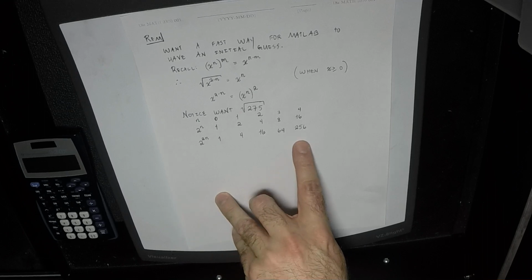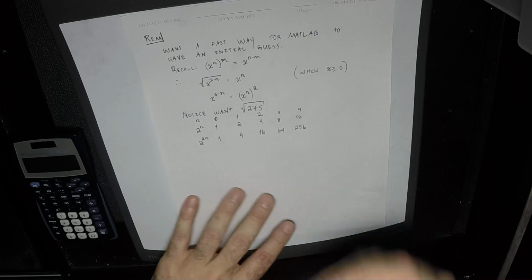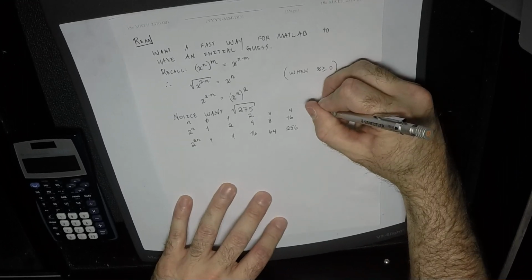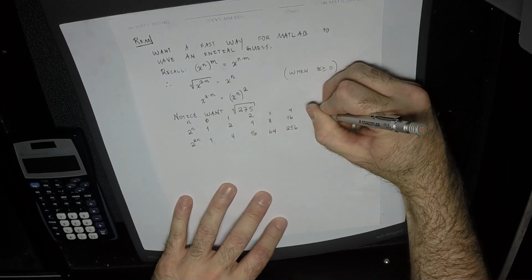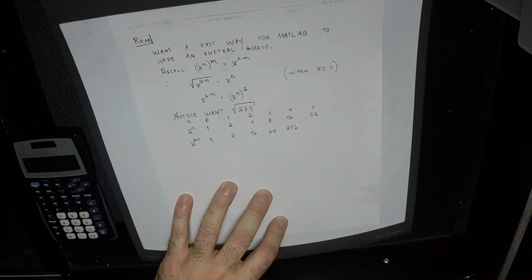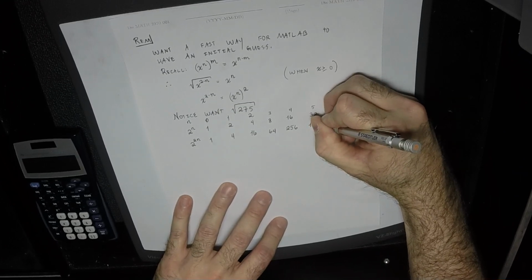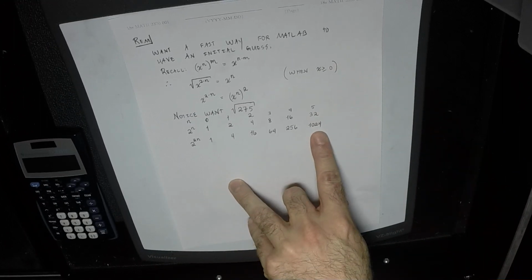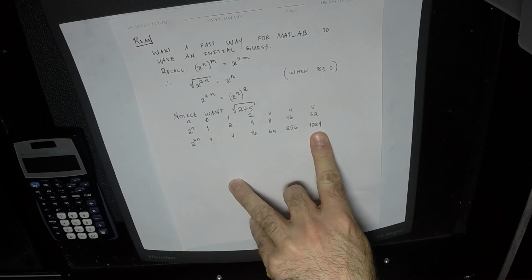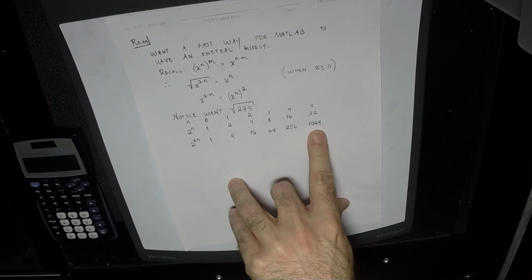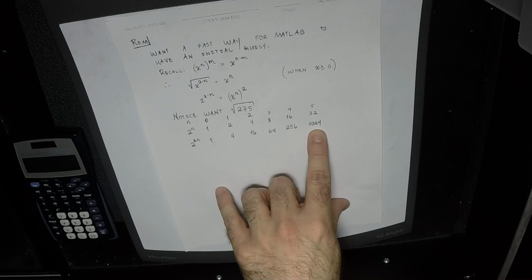Well, is 275 less than 256? Nah. All right, so then the next power of 2 is 32. 32 squared is 1024. Is 275 less than 1024? Winner, right? Winner.